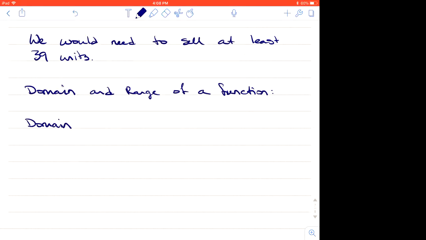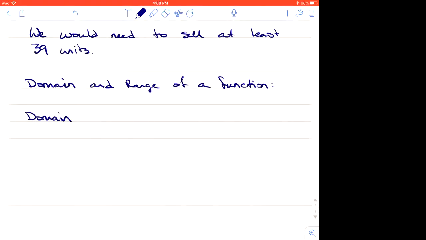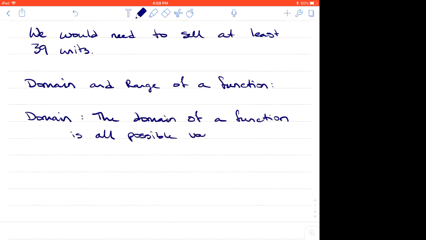Okay. So the domain of a function is all possible values of x.